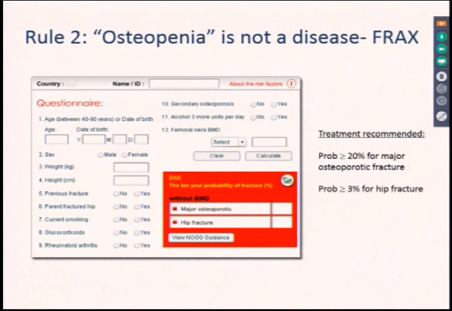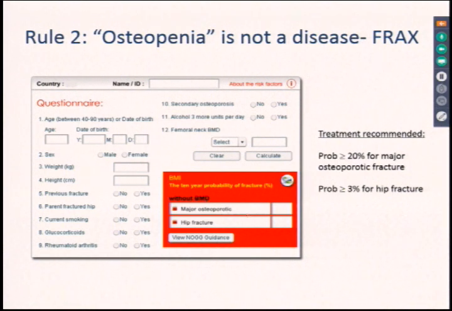The second rule is osteopenia is not a disease. So if you find someone with osteopenia, meaning their T-score is below minus 1 but is better than minus 2.5, that is not an automatic ticket to treatment. You want to estimate the risk of fracture. We have a great tool here, which is FRAX. I would plug them into FRAX and estimate what kind of fracture risk that bone density translates into.